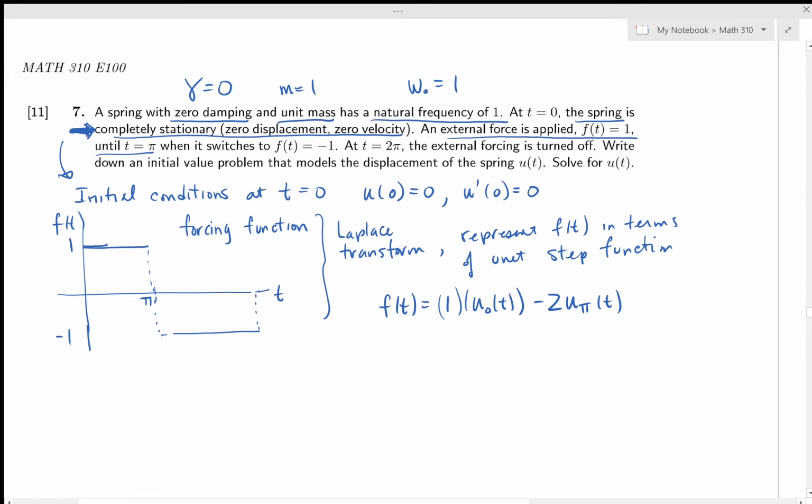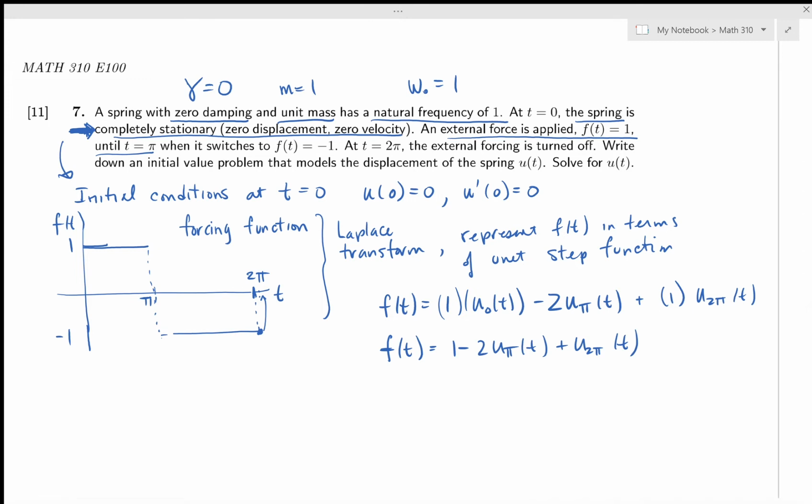And then at time 2 pi, that's right here, the function is going to have to be increased by 1. So I'm going to add that 1 in at time 2 pi. I wouldn't normally do this, but I'm adding in a 1 times u 2 pi of t. Okay, I'm just going to rewrite that slightly simplified. That looks like this: 1 minus 2u pi of t plus u 2 pi of t. There it is.